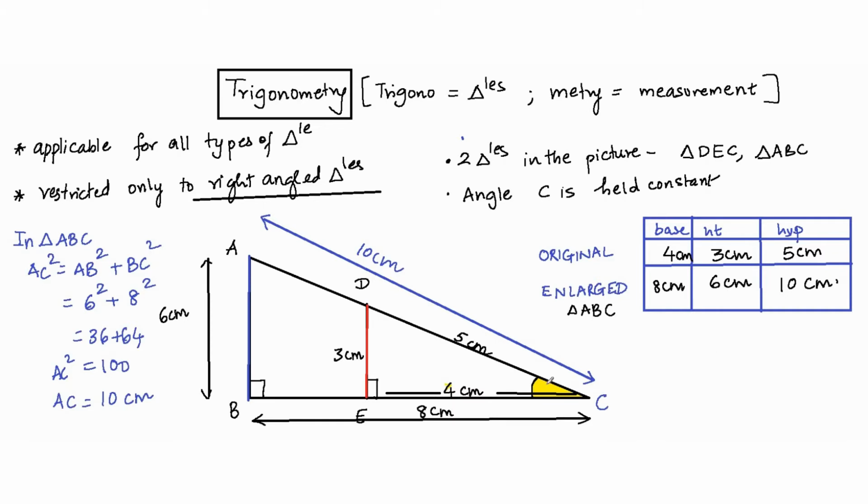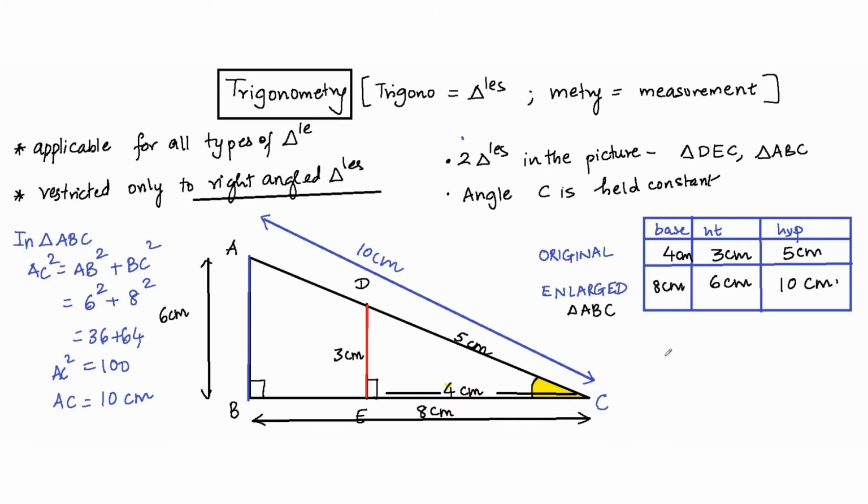You will notice that all this happened because angle C was being held constant. So if your angle C changed, then all the sides wouldn't scale by the same factor. The very fact that we have maintained angle C as constant, that is the reason why you are getting a perfect enlargement of these triangles.